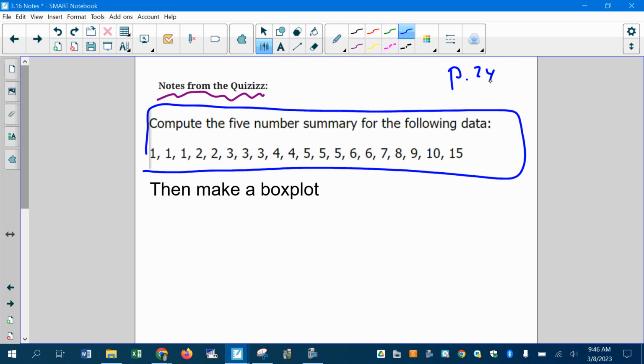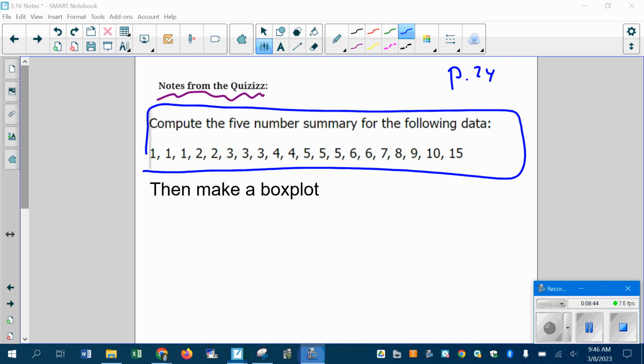And write down that data set. Pause the video and do that, please. Okay. Unpause it when you have that written down.